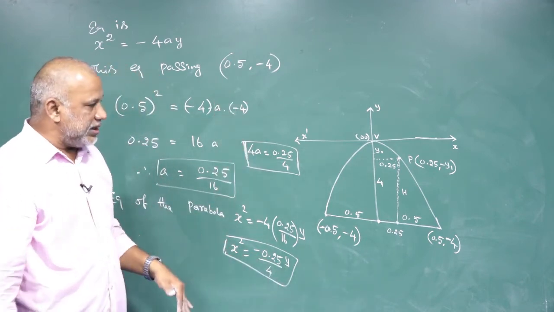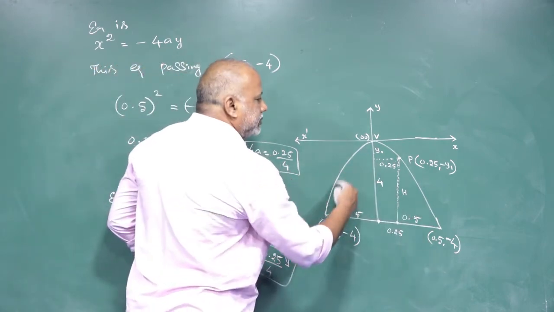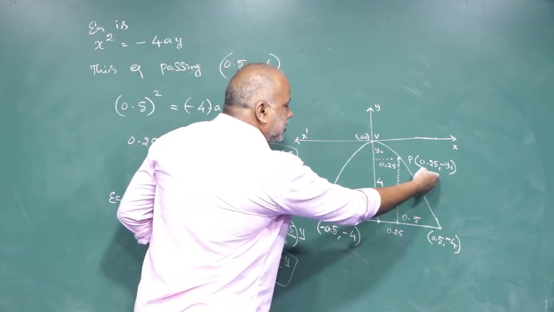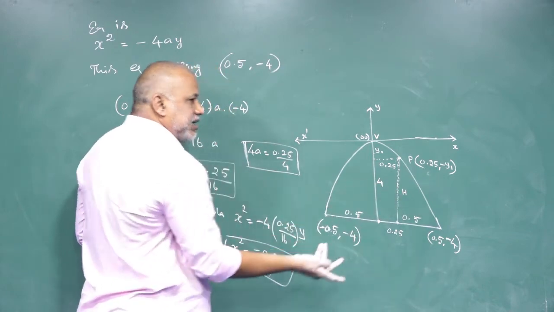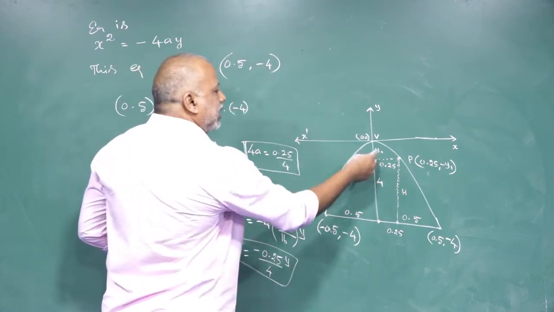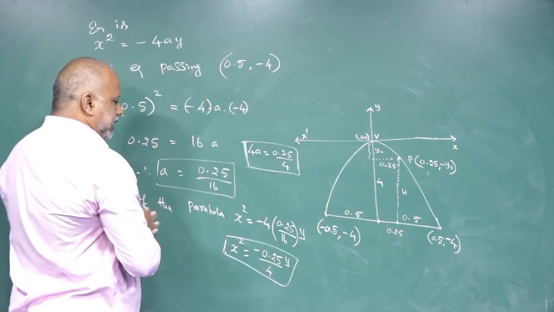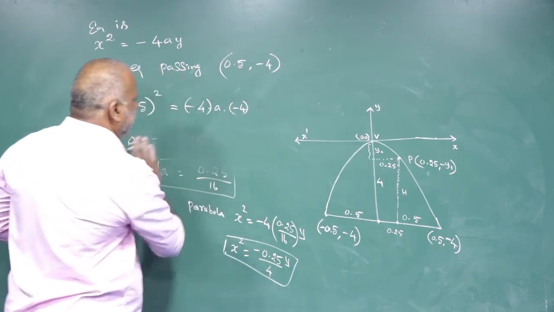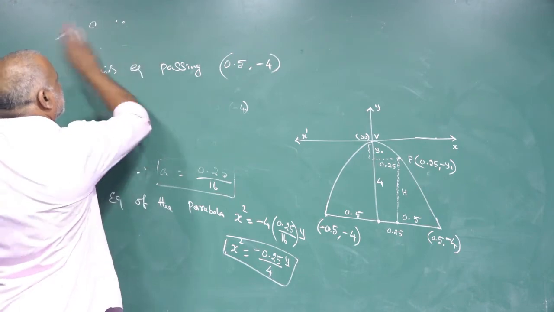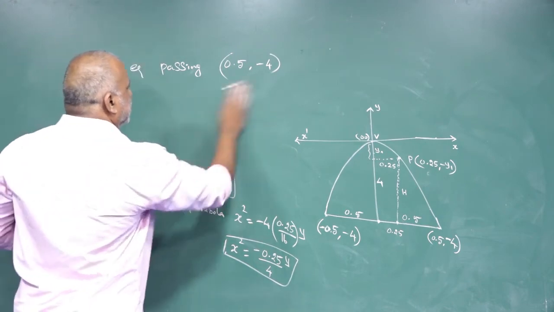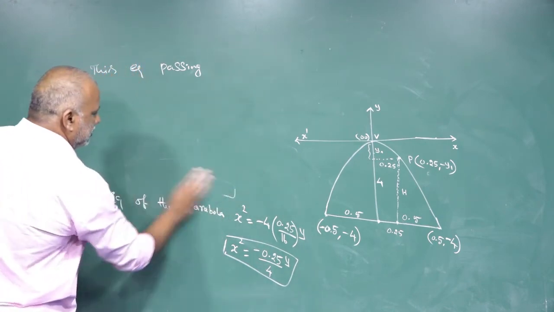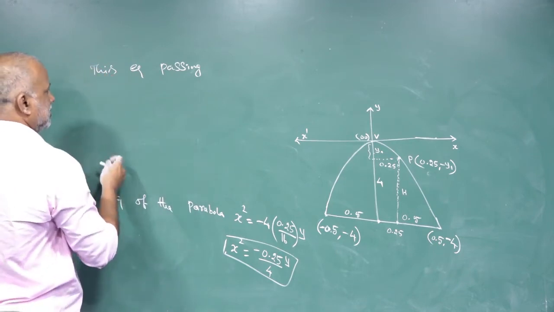Now once again listen. Again this parabola is passing through this point. We have to find h. H is the height. So we need y1. After that only we are able to work out. This is the value of y1. So now listen, this equation once again is passing through the point. Which equation is this?